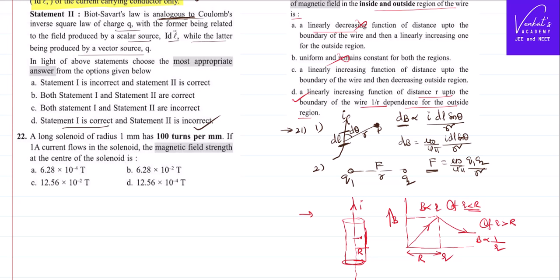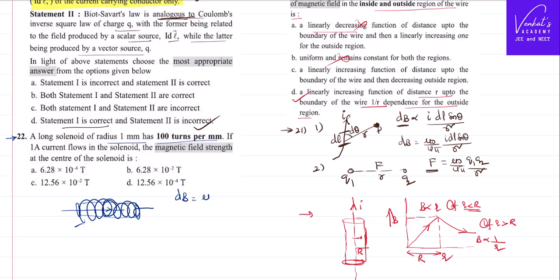Let's have a look at the last question, a small question. A long solenoid of wire has 100 turns per millimeter, right? The solenoid means a kind of non-conducting material around which a wire is wound like this, and when a current is passed inside the solenoid, a magnetic field is developed. How much is the magnetic field developed inside the solenoid?